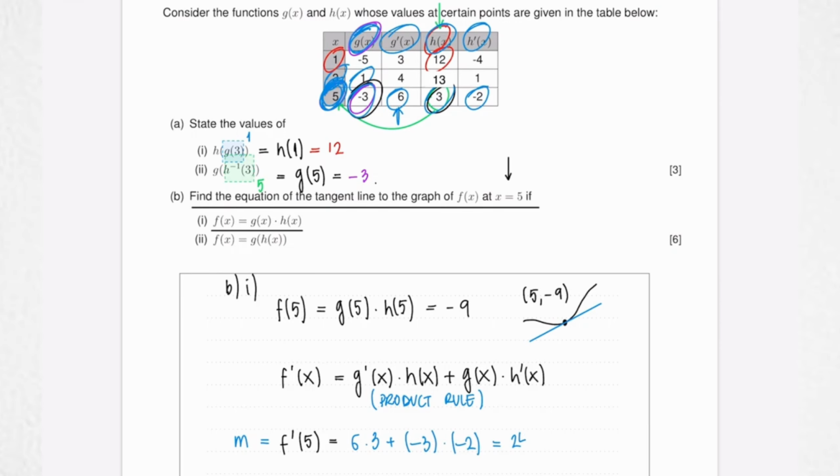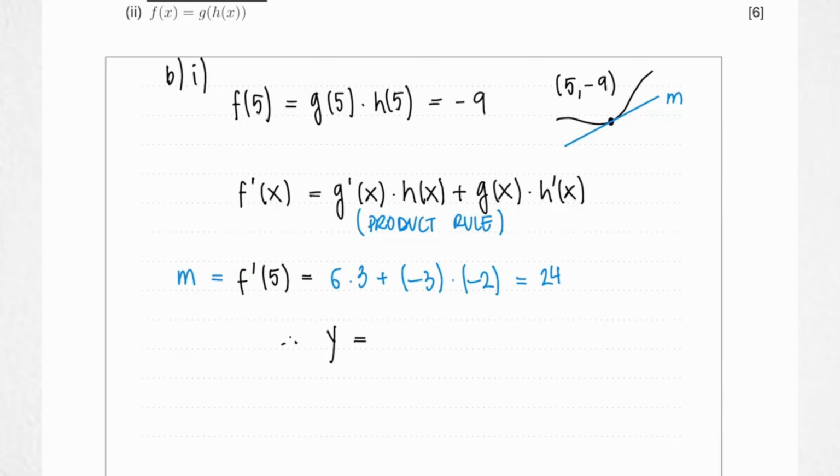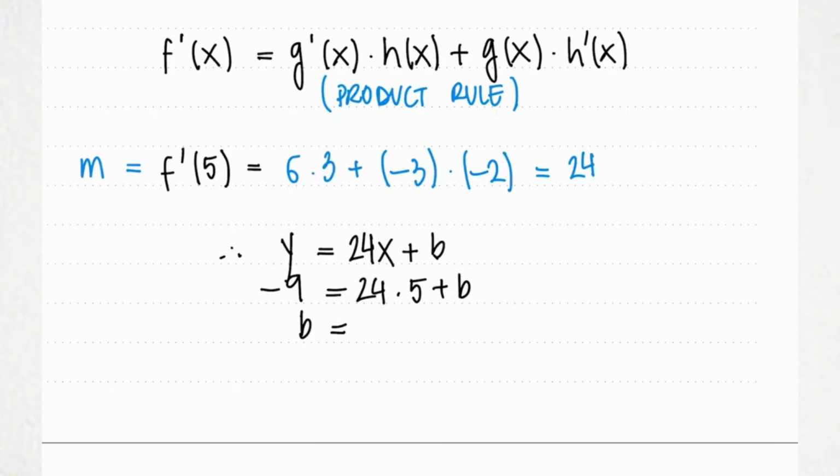So we get 24 as the slope of this tangent line. Therefore, the equation of the line is 24x plus b, and if we replace the point over here, we can find b. So b is negative 129, which means that the final equation is 24x minus 129.